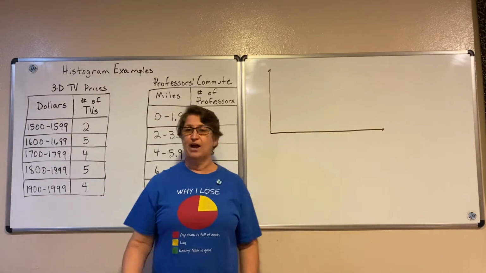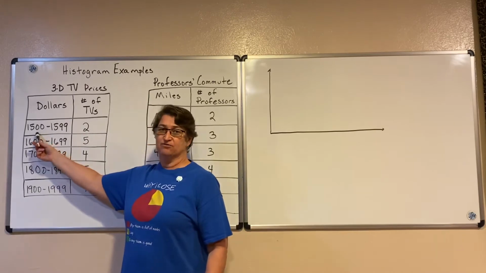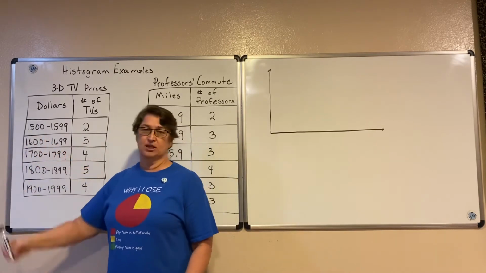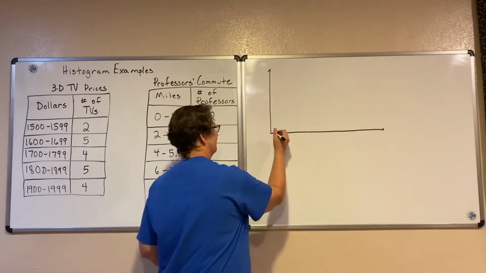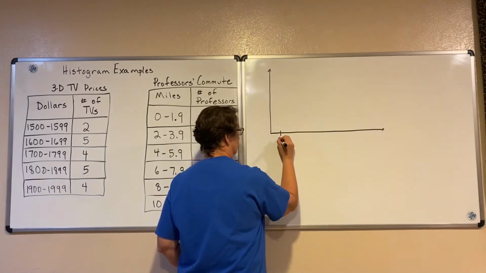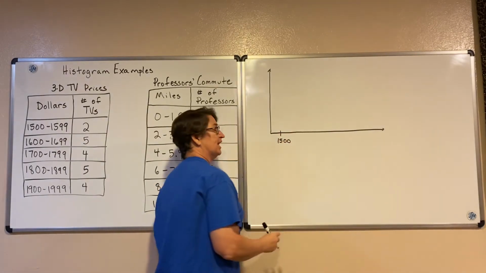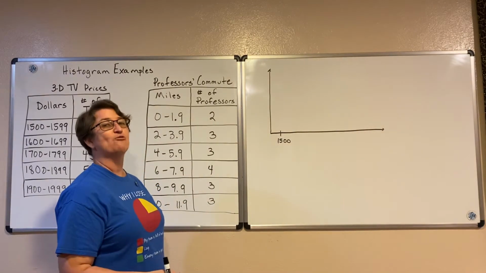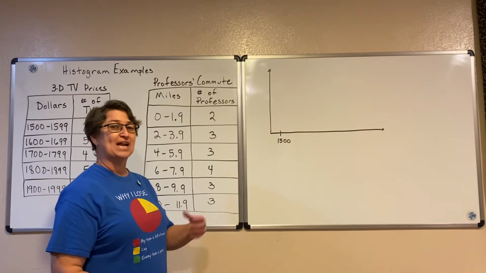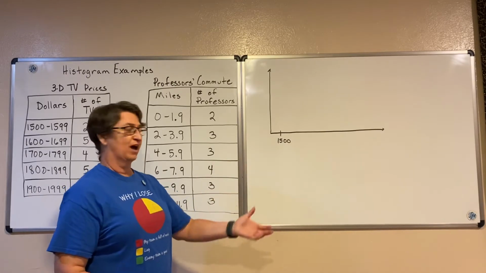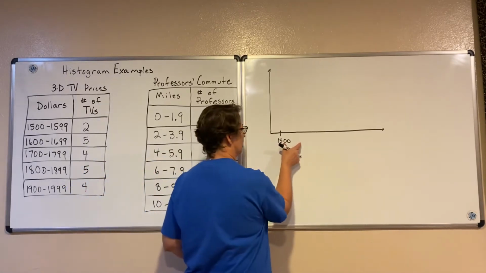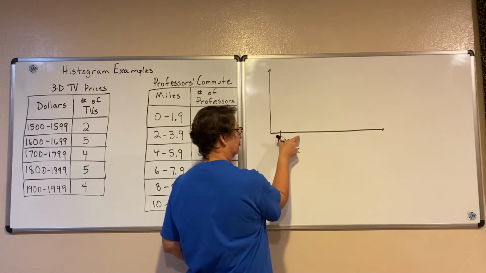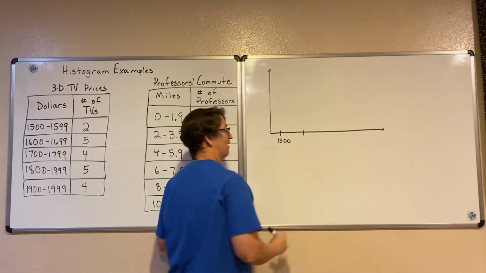I'm going to start at that lowest class value, that lowest limit, so 1500 is my starting spot. Then I need to make sure that I count by a consistent amount. Whatever I've decided to count by, that's what I need to count by my whole time. So if I count by 100, I need to make sure that I count by that the whole way.